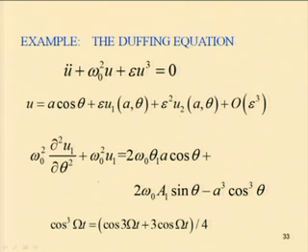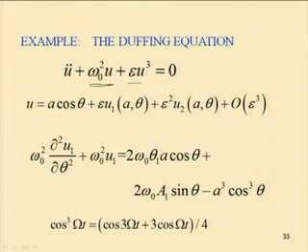And separating the order of epsilon, one can obtain a set of equations. So, for d square u I have shown you that equation which you have to use. For omega 0 square u, simply multiplying the omega 0 square term, one can get omega 0 square a cos theta plus omega 0 square epsilon u1 of a, theta plus omega 0 square epsilon square u2.